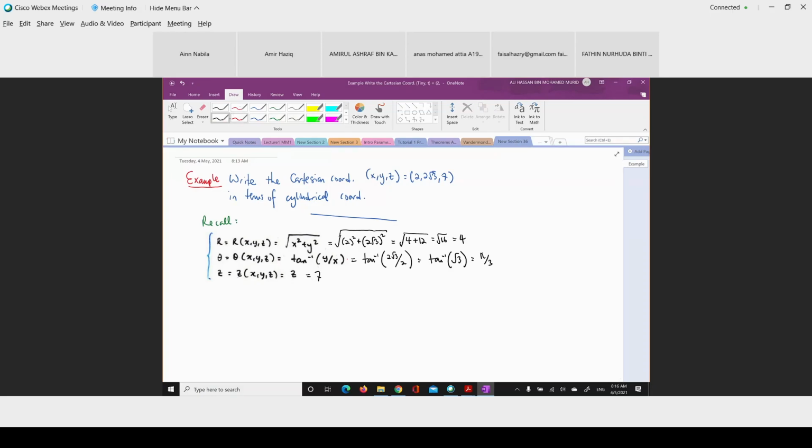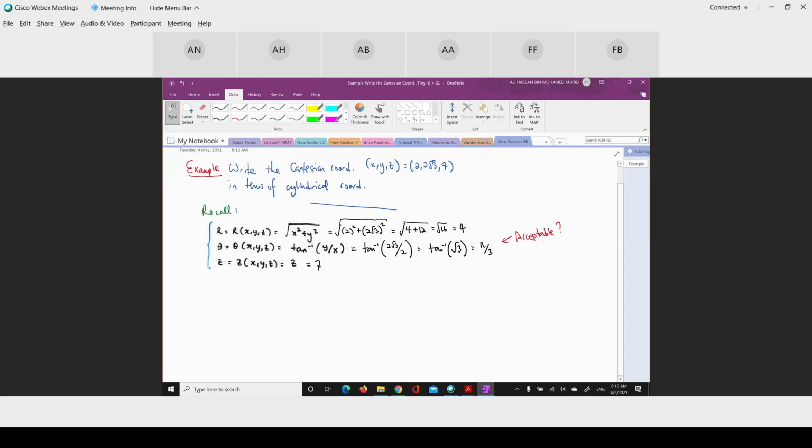Now, is this acceptable? Just now I informed you that we need to be careful when finding theta using the inverse tangent. So look at where the point x, y, z is.